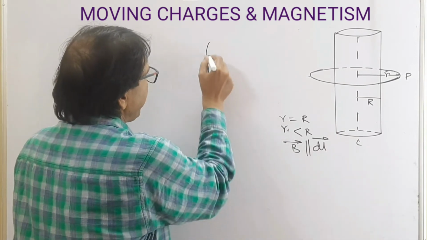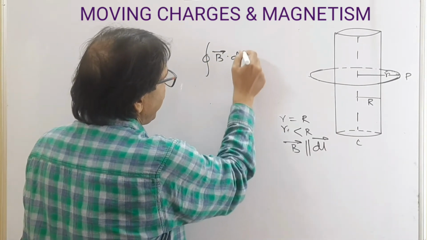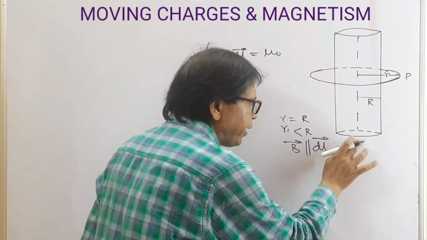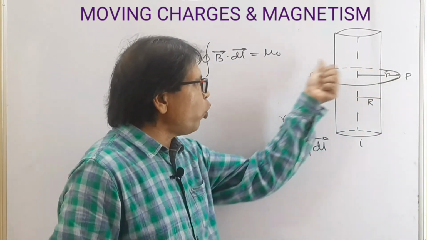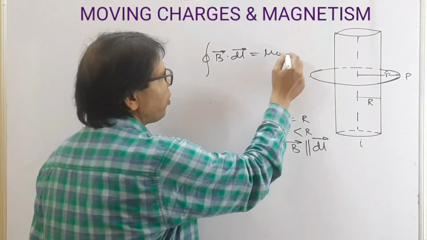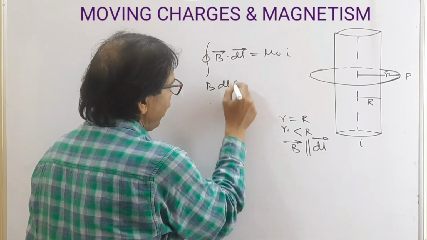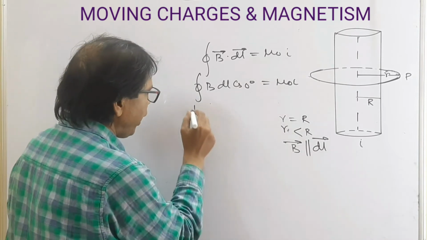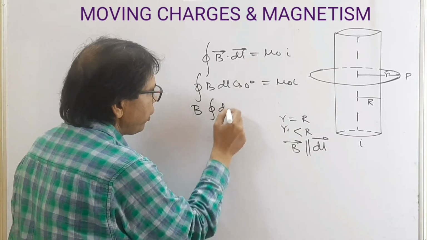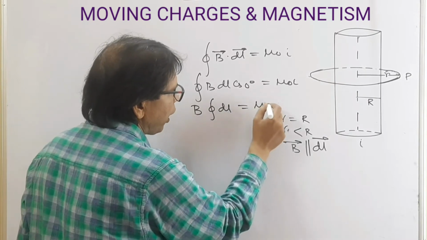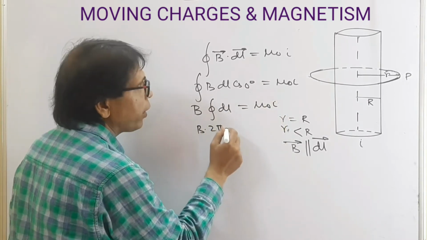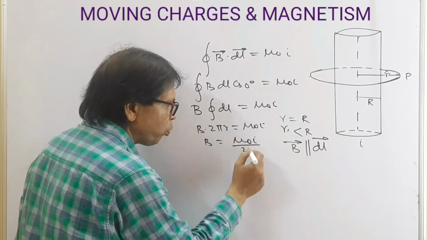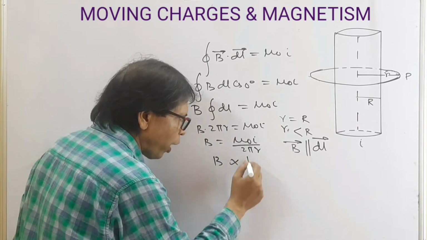Now applying Ampere's circuital law, closed integral of B vector dot dl vector equals mu naught times the current enclosed. The current in the conductor is I, so the current enclosed by the loop is also I. So B dl cos 0 degree equals mu naught I. As B is uniform, B times closed integral of dl equals mu naught I. Now B into 2 pi r equals mu naught I. So B equals mu naught I divided by 2 pi r. Therefore B is proportional to 1 by r.